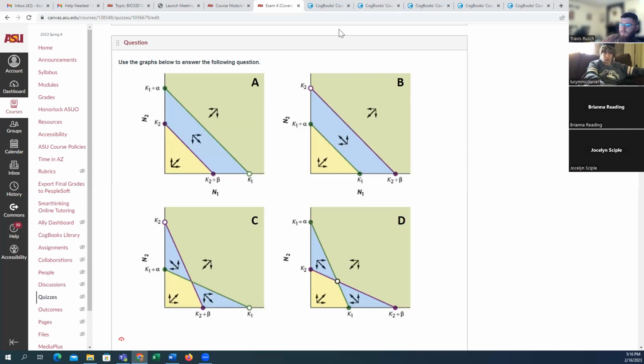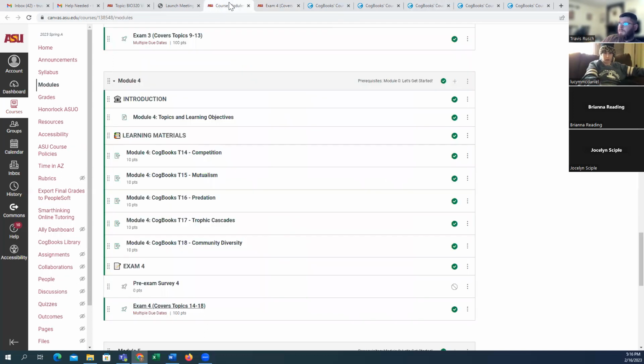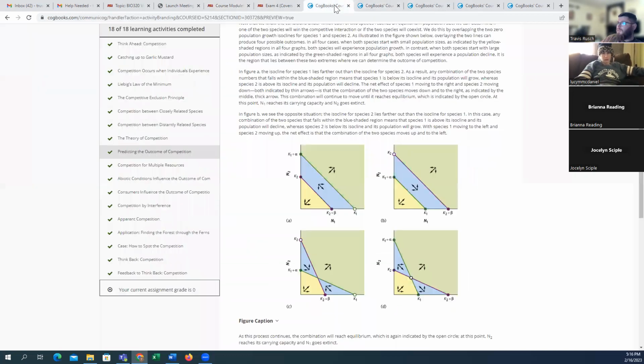So the example D right there looks like it would probably be about a 0.5, or maybe a little less than that. It's hard to judge because we don't have a scale on here.